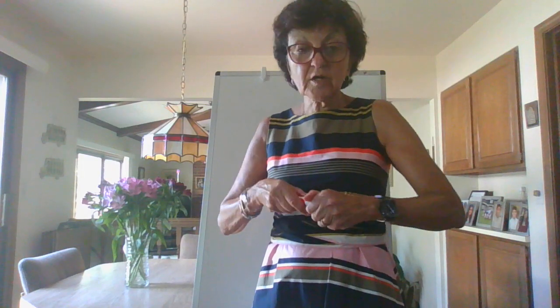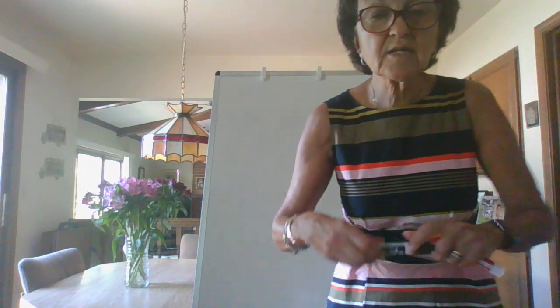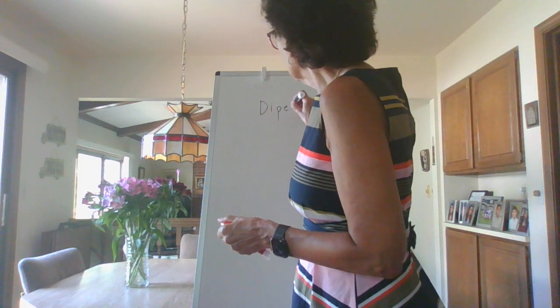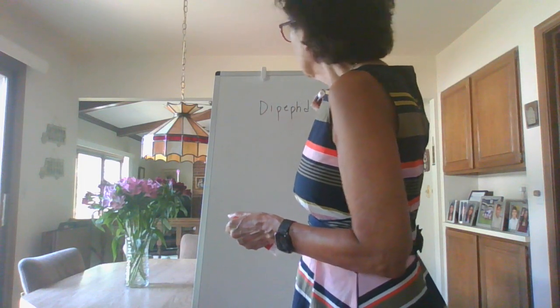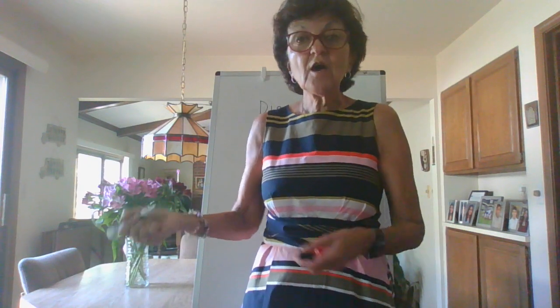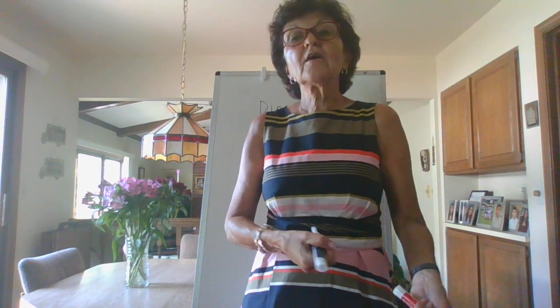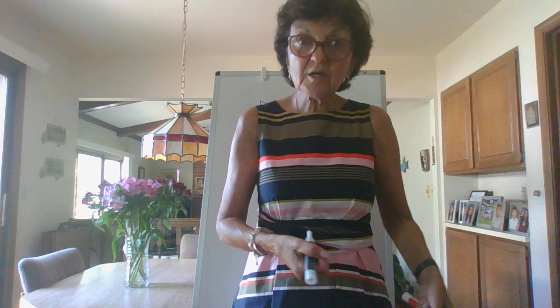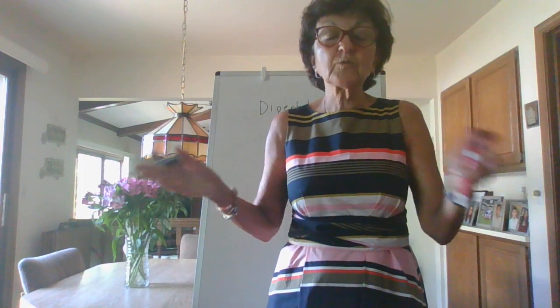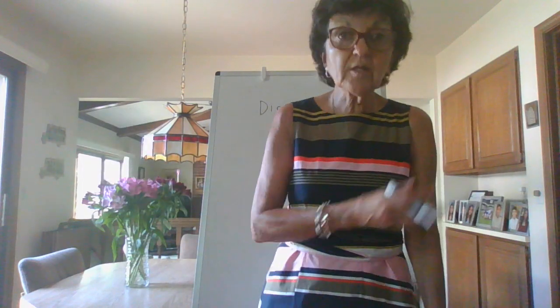So when you put two amino acids together, you form a dipeptide. When you put 3 amino acids together, it's a tripeptide. 4 amino acids together, a tetrapeptide. 5 amino acids together, it's a pentapeptide. And then when you've got 10 or more amino acids, that's when we start calling it a polypeptide.